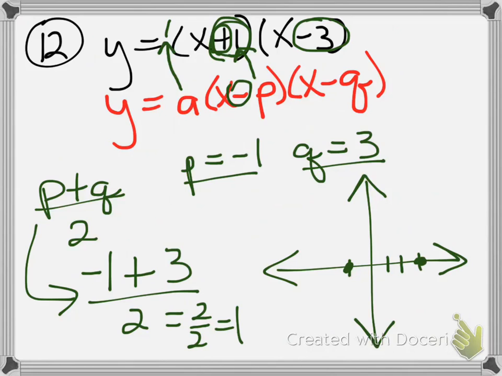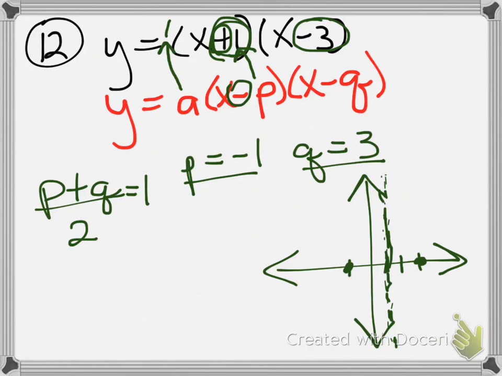That's not my whole vertex, but it does tell me that my vertex is going to be on this line here. Okay, so to find the y value, I'm going to go back to my original and plug that in. So I know that p plus q over 2 was 1. So let's see if I can erase some space here.